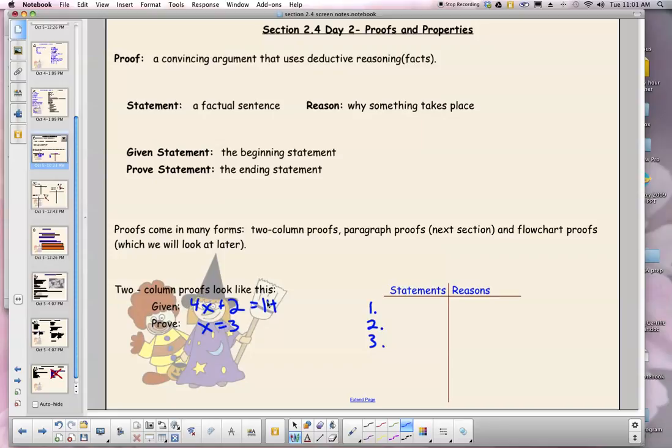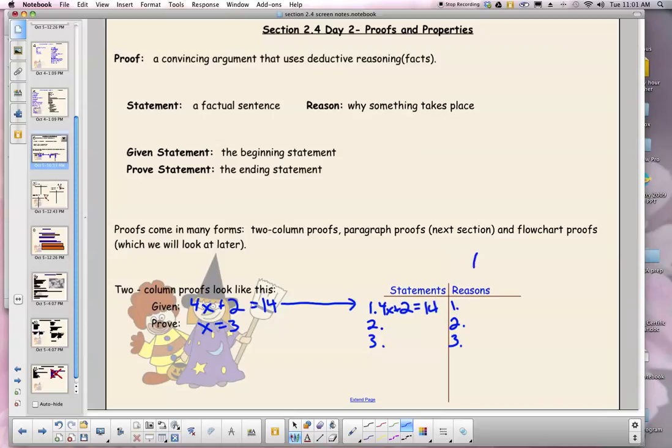Your first statement would be your given statement. You almost always put your given in statement number 1. When we start to do more complex proofs, you might see a couple where the given statement isn't first, but 99% of the time the given statement is where you start. So we would write 4x plus 2 equals 14.